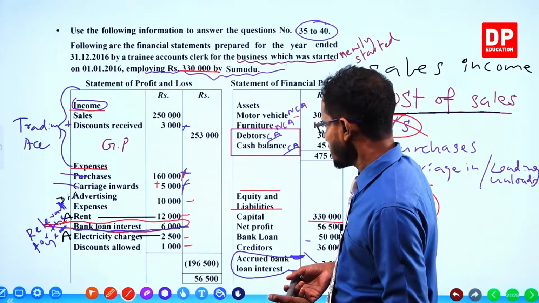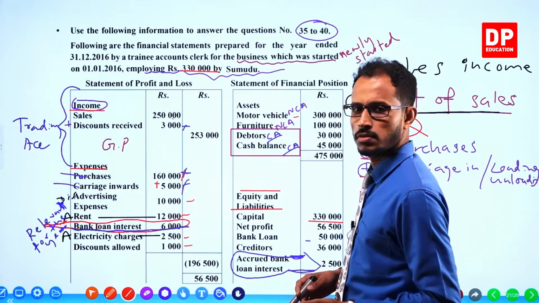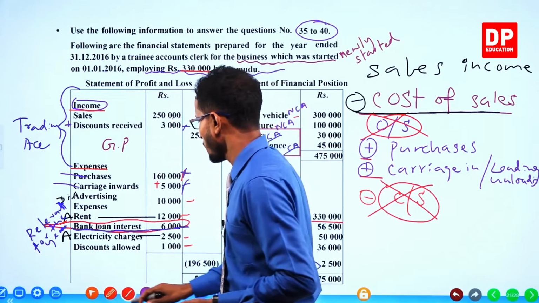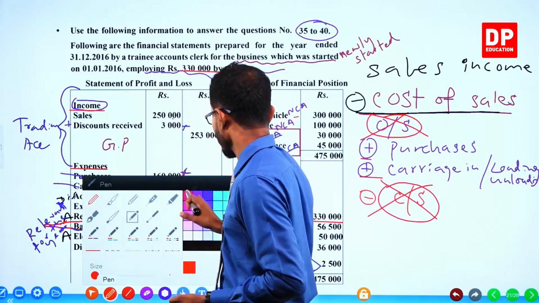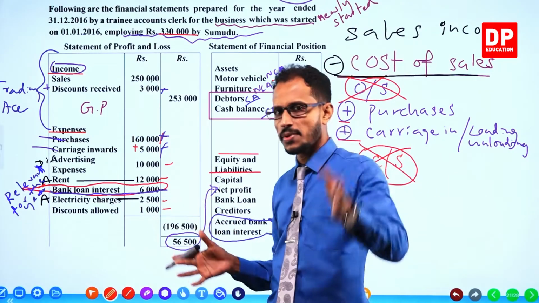The profit is how much? 56,500. And it is added to the opening equity. This profit of the year is added to the capital. Profits increase capital.